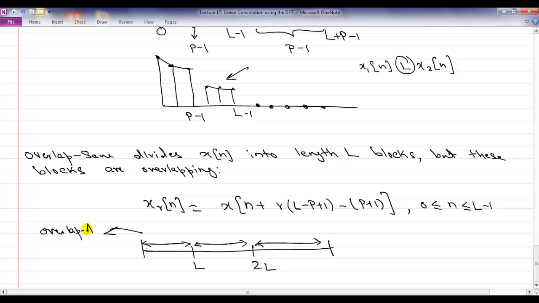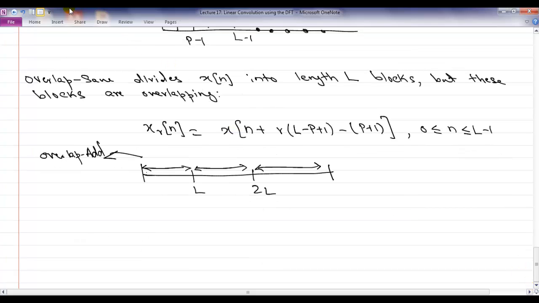So in overlap add, we had non-overlapping blocks. In overlap save, we start by looking at P minus 1 samples before. We still have length L blocks, but we always start a little bit behind.